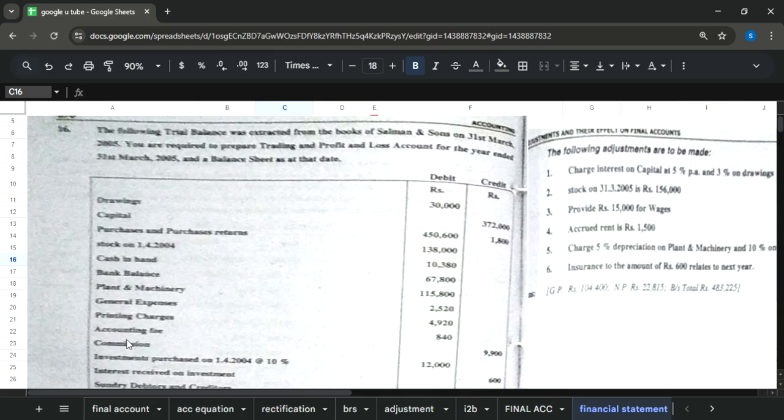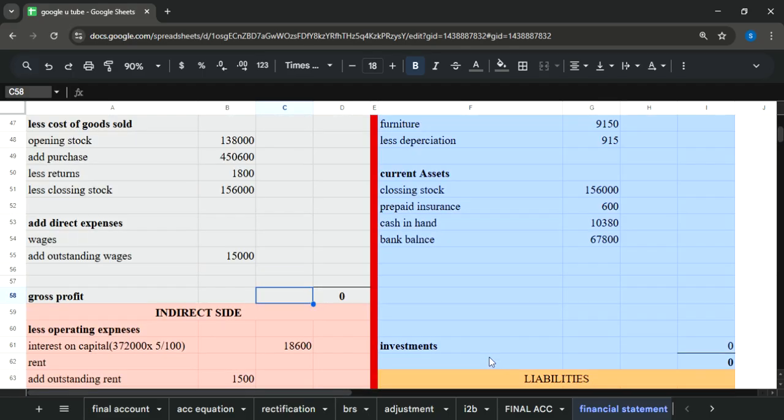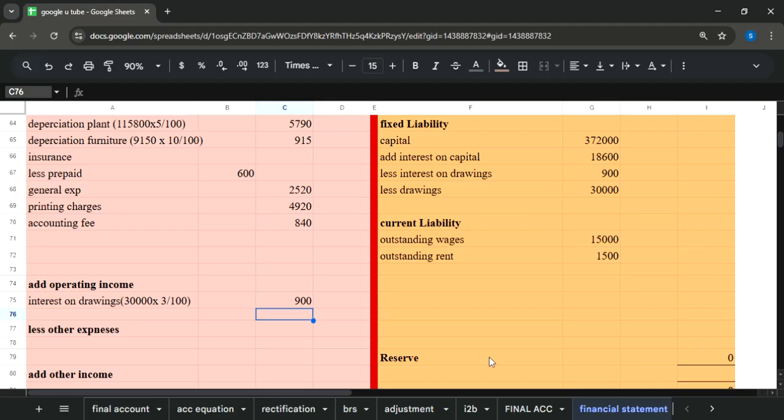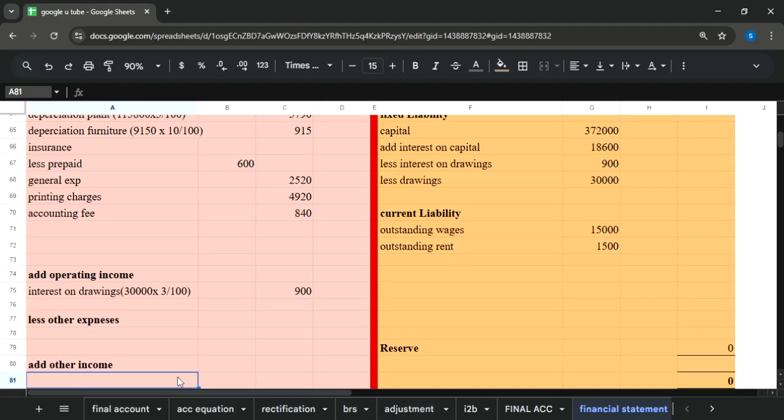After accounting fee we have commission 9900, but look at here, commission is written on credit side, so it's your income, 9900 commission. So you will go to other income side. Here you will write commission. It may be written in operating income, but better is discount, interest and commission.